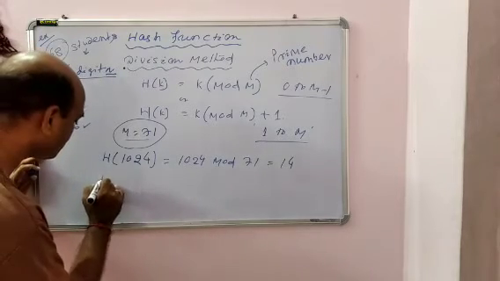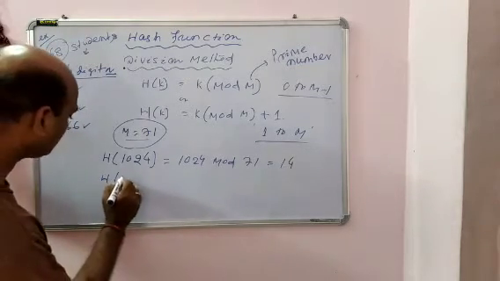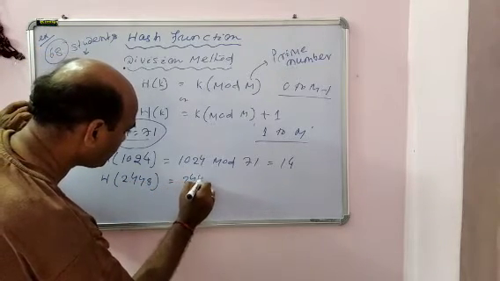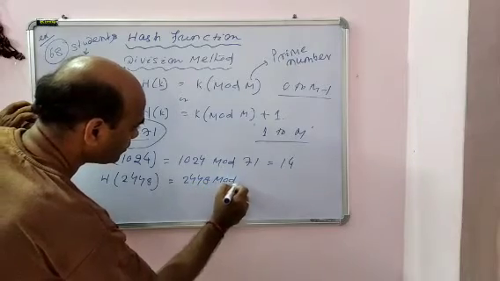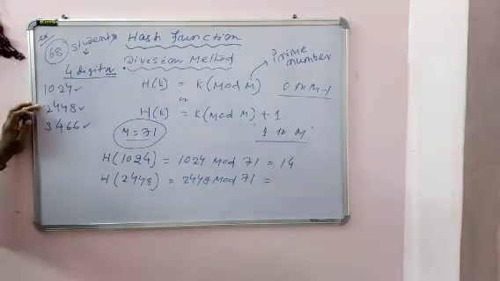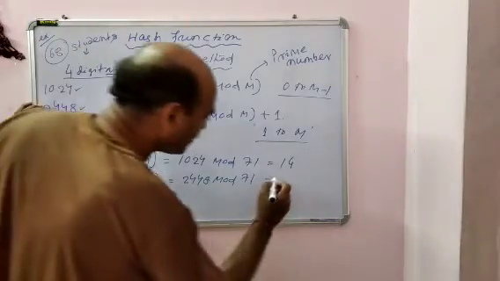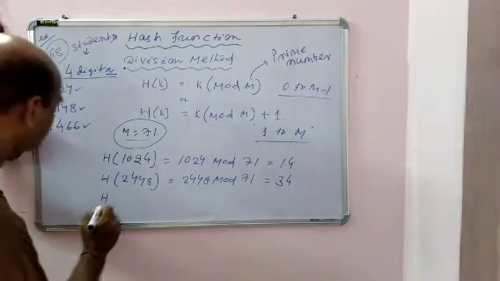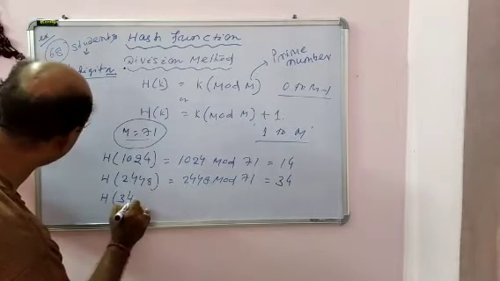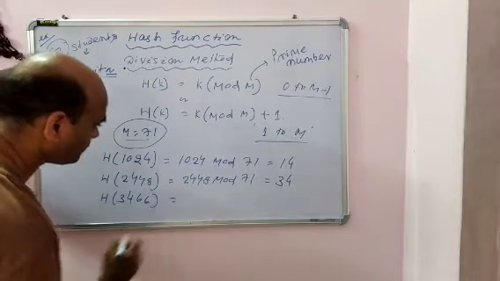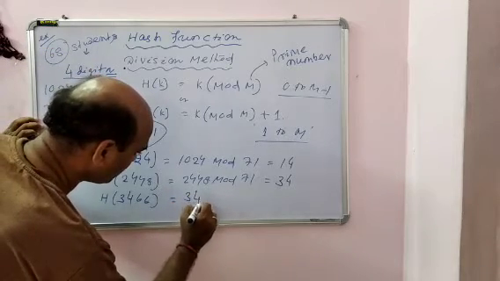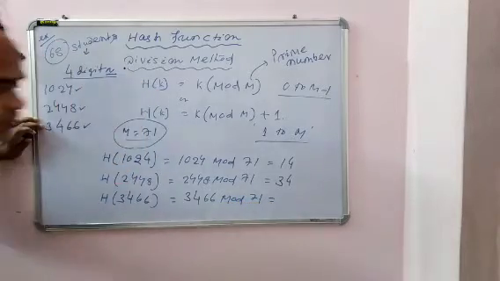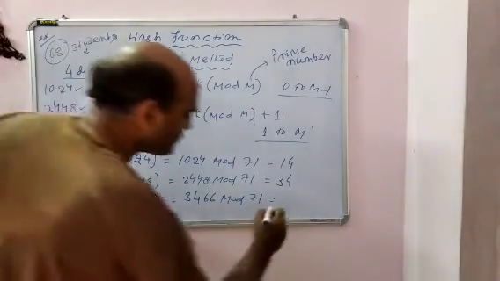Similarly, h(2448) is 2448 mod 71, which is calculated as 34. For another student, roll number 3466, 3466 mod 71 is calculated as 48.